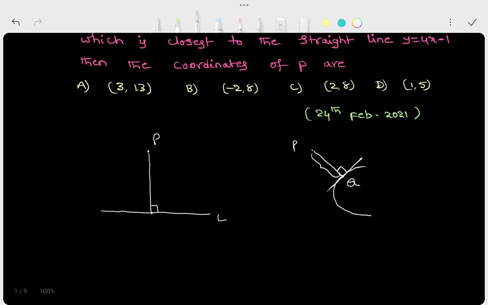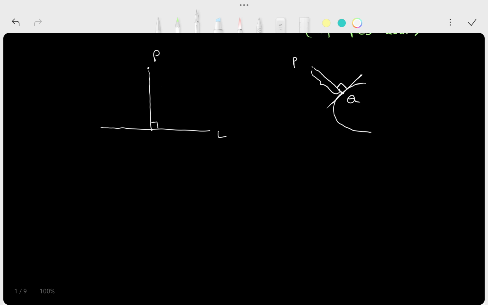And next, suppose two curves are given, one curve is this one, and the other curve is this one. So what is the shortest distance? Now you have to take one point on this curve and another point on this one. If you draw the tangent at this point and at this point, here this is the common normal.